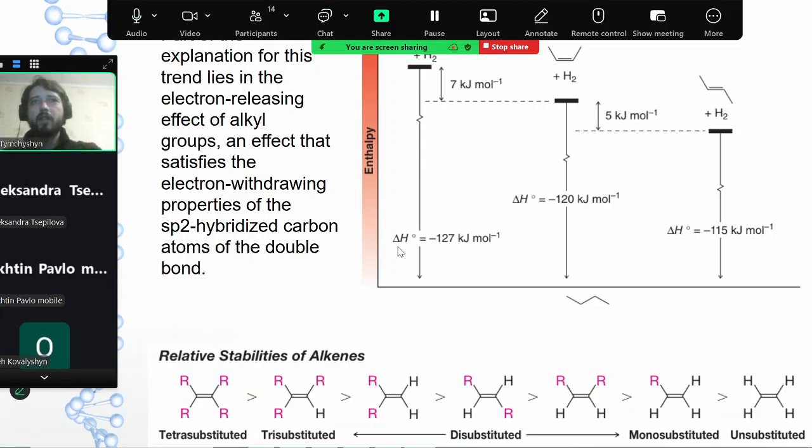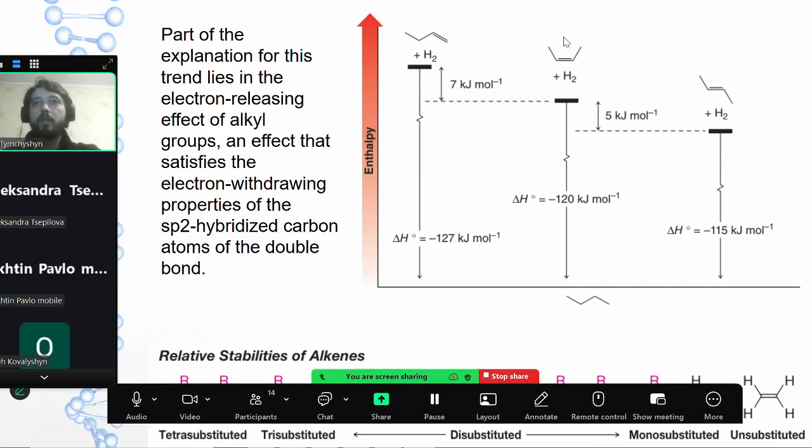Of course, they may have a little bit deeper meaning. For example, there is a slight electron releasing effect of alkyl groups. That is the first effect, and the second effect is some sort of steric hindrance. So this becomes more stable, and this becomes even more stable because you have no steric hindrance and you have the double bond in the middle.